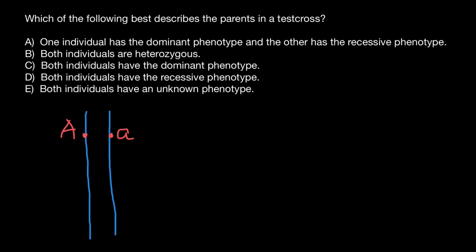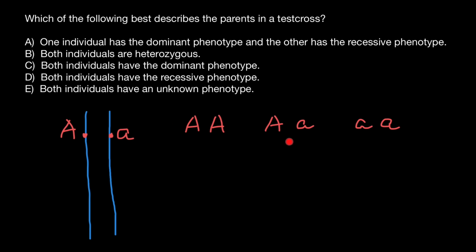and another may have a recessive allele. So if we have two alleles in a gene pool for the same locus, we can get the following combinations: capital A capital A, capital A small a, or small a small a. Now let's imagine that this locus specifies eye color, and the dominant allele would specify brown color, and the recessive allele would specify blue color.